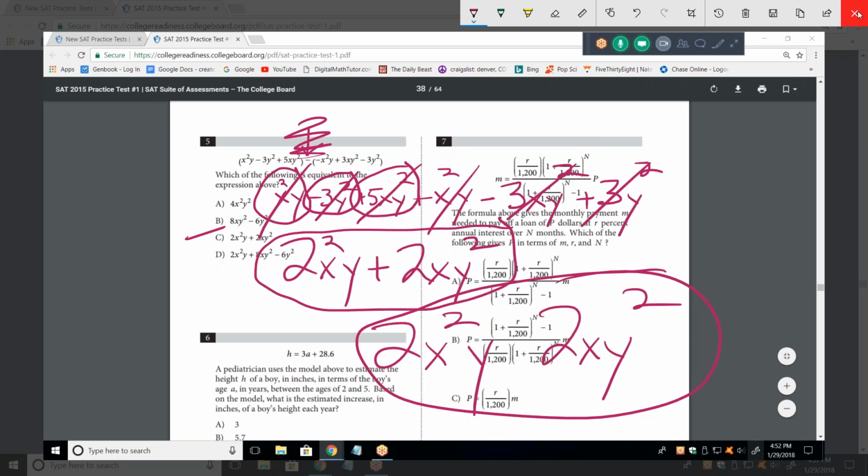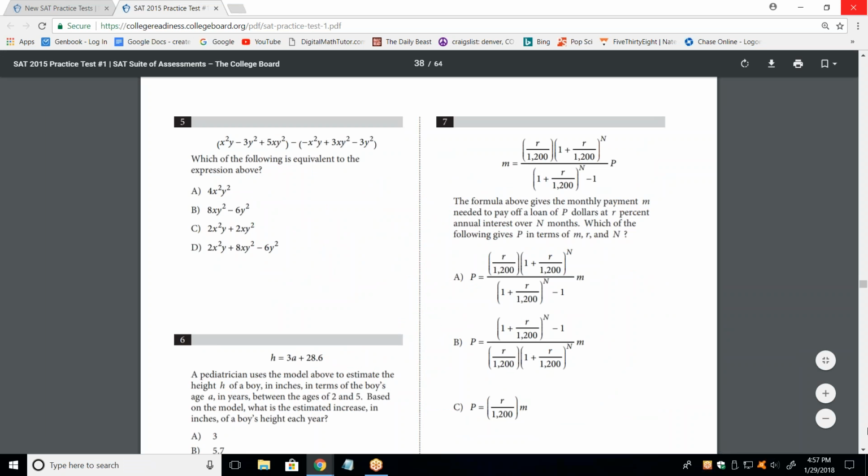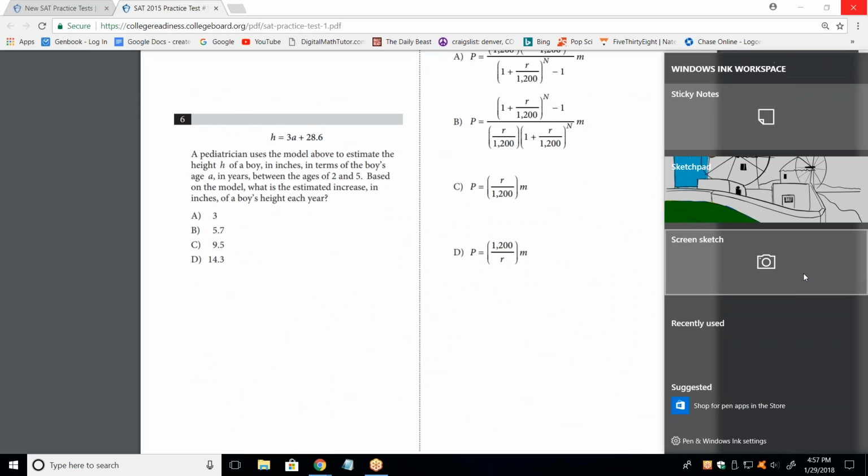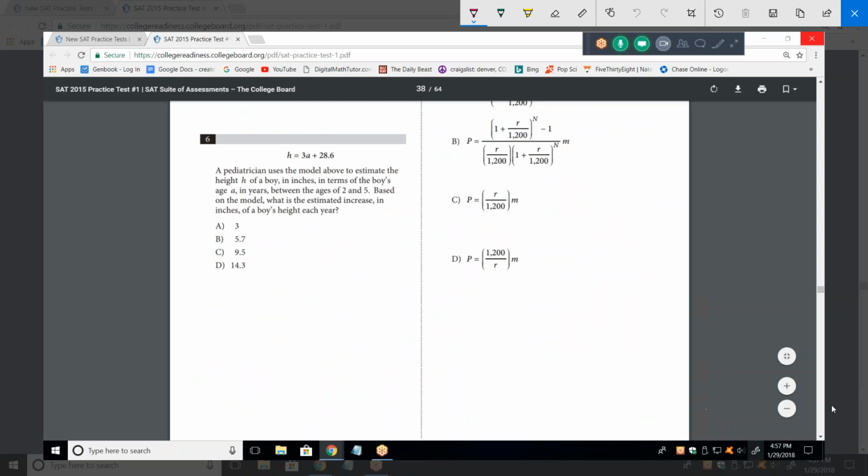All right. Got time for one more, I think. Number 6. Go ahead and read it. Again, be aware that you're in the easy to medium section, so you wouldn't expect this to be super hard.